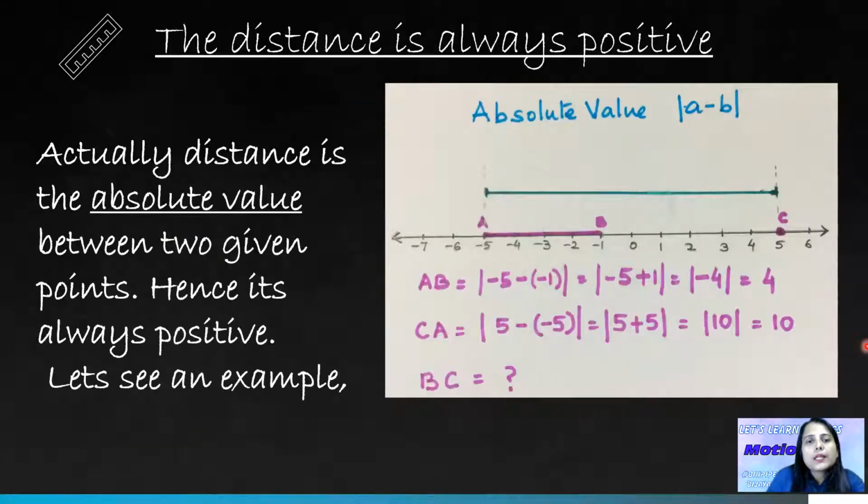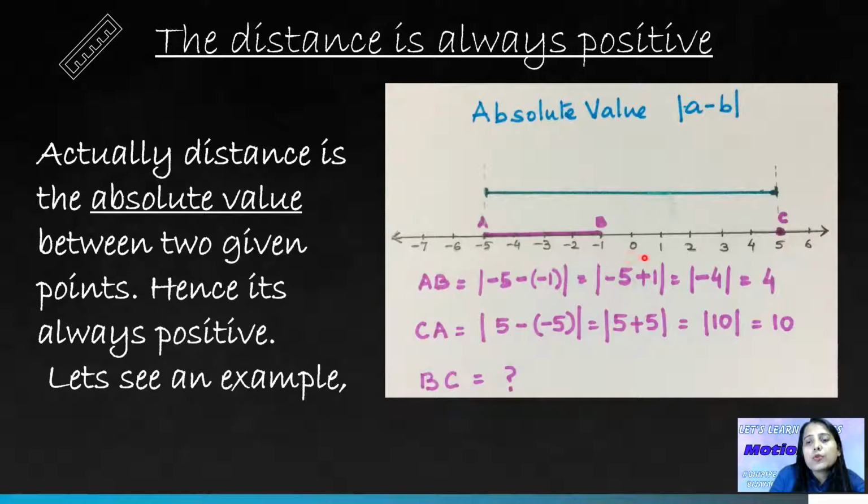Now, another point to be discussed is that distance is always positive. What does it mean? Whatever length you cover, it will always be positive. That means distance is nothing but the absolute value of the difference between two given points. So here, for example, I have taken an x-axis, and along the x-axis there are certain points marked.